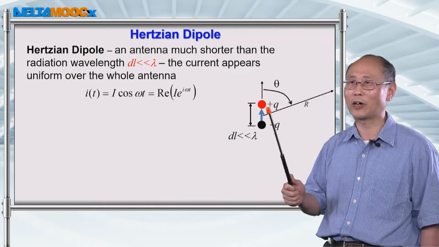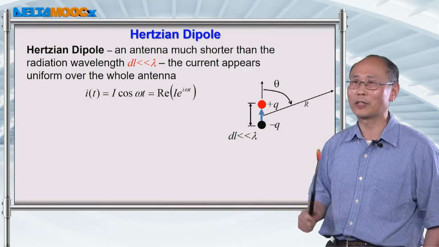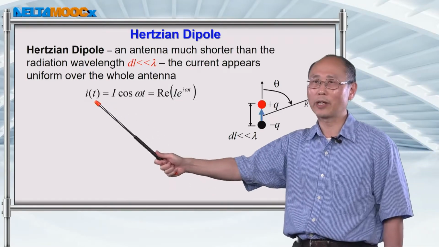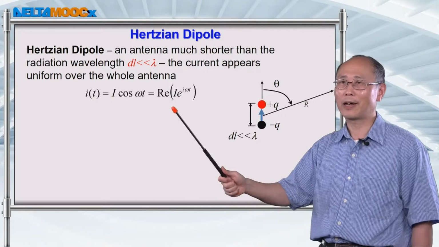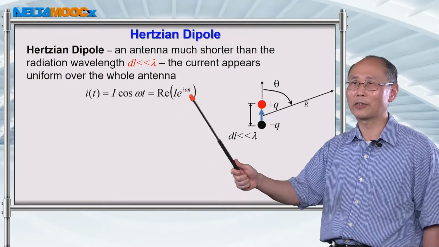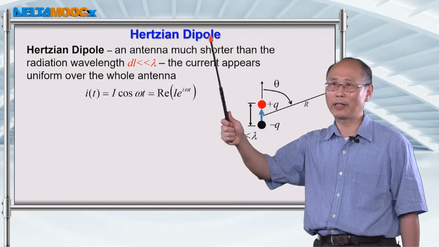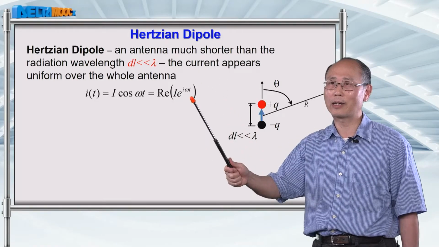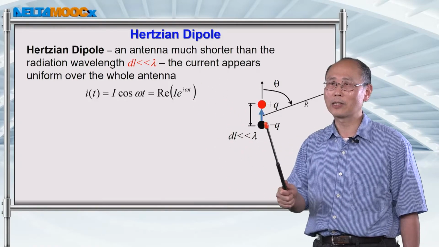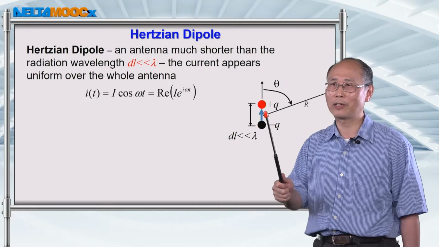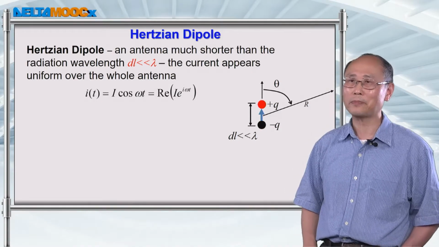It's not going to be a function of space along these elements. So we can just quickly write down this current that only depends on the time. So this kind of antenna is called Hertzian dipole antenna, and we don't take into account the spatial phase of the current along this dipole axis.